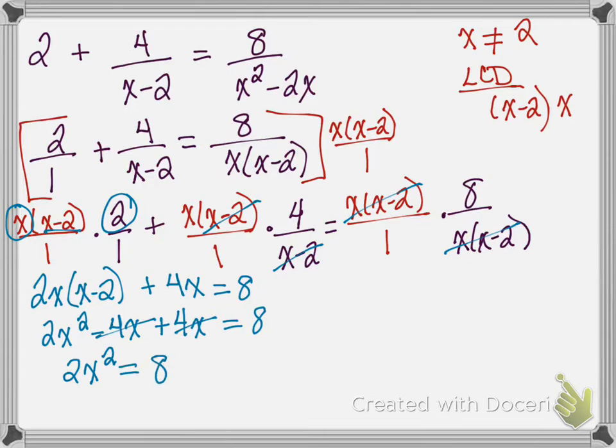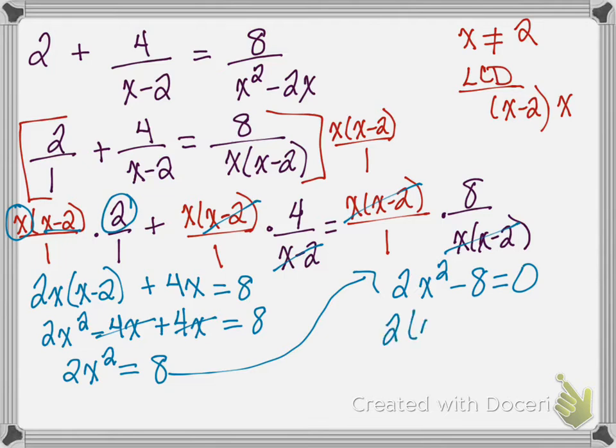Now this is a quadratic, and we have to set quadratics equal to what? 0. Okay, so I'm going to say 2x squared minus 8. I just moved that 8 over. Okay, I've got a 2 that I'm factoring out.